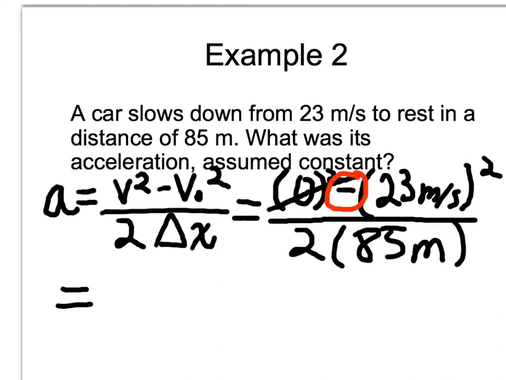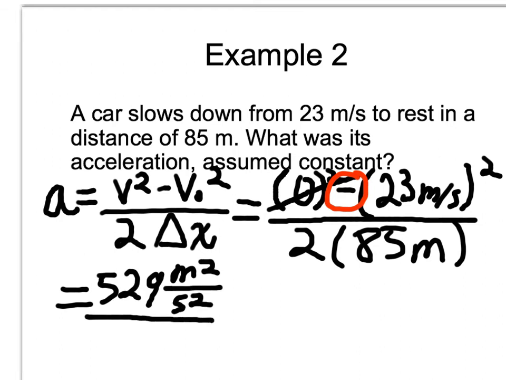So 23 squared was 529, and then keeping my units, that would be meters squared over seconds squared. All right, divided by 2 times 85. 2 times 85 is 170 meters. So now I do 529 meters squared per second squared divided by 170 meters.